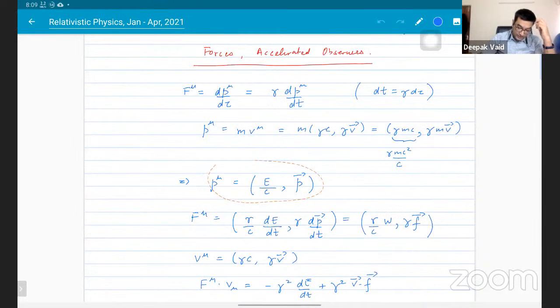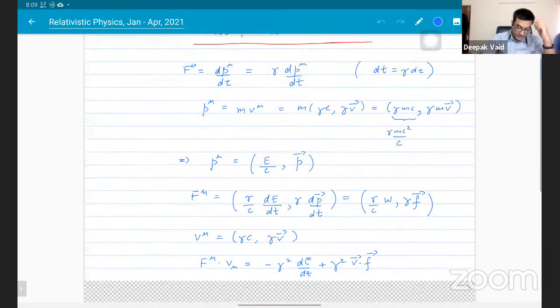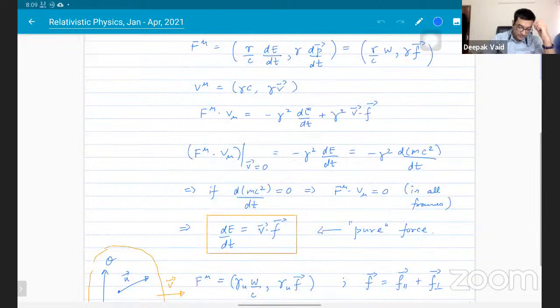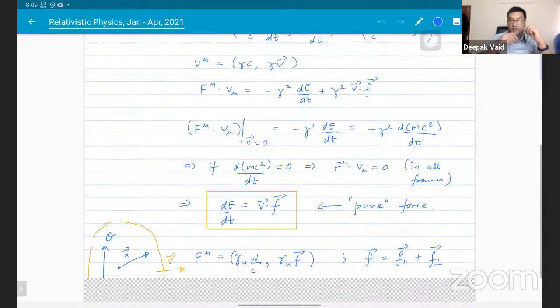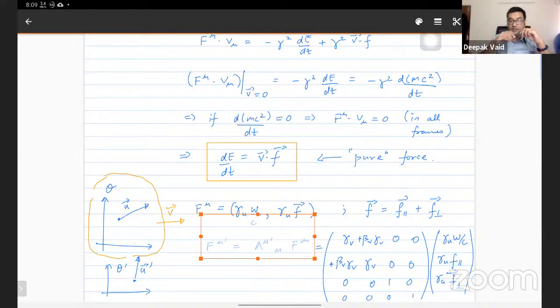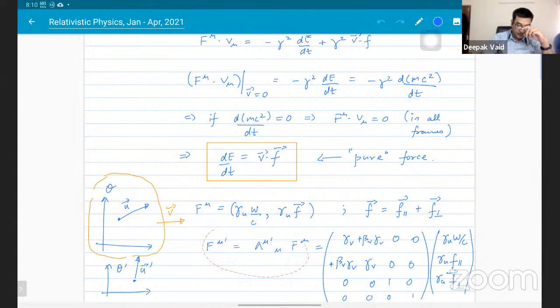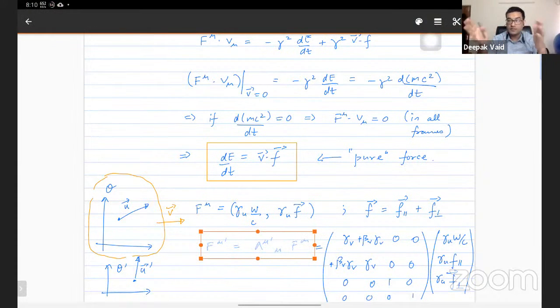Because the transformation property can then be easily encapsulated in such an expression, right? That the four vector in one frame of reference is equal to the four vector in the other frame of reference multiplied by the Lorentz transformation matrix.